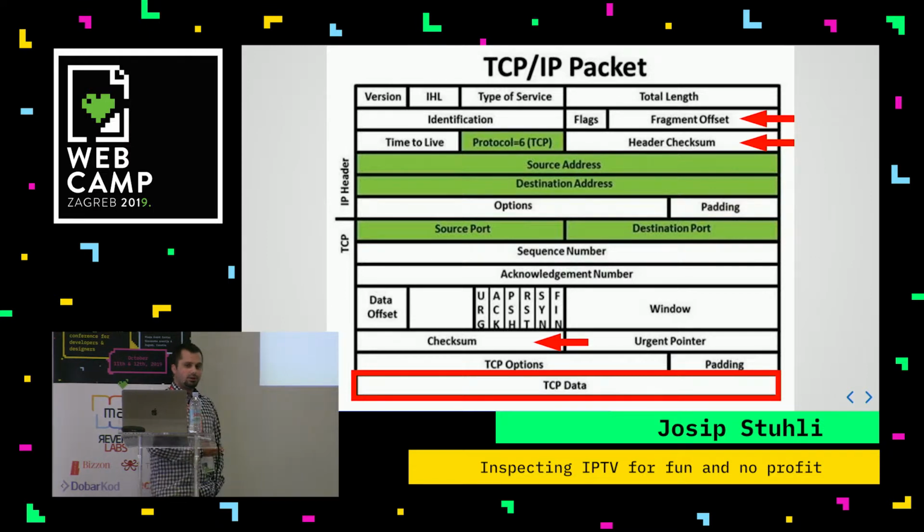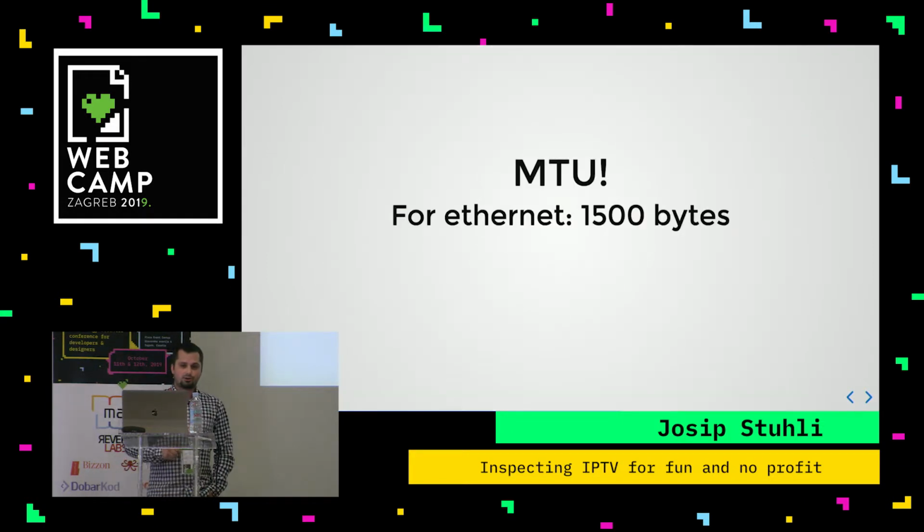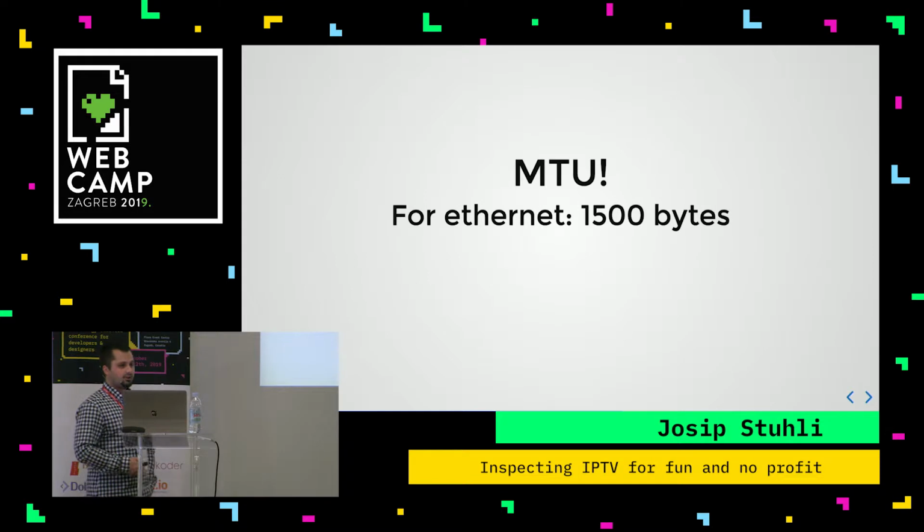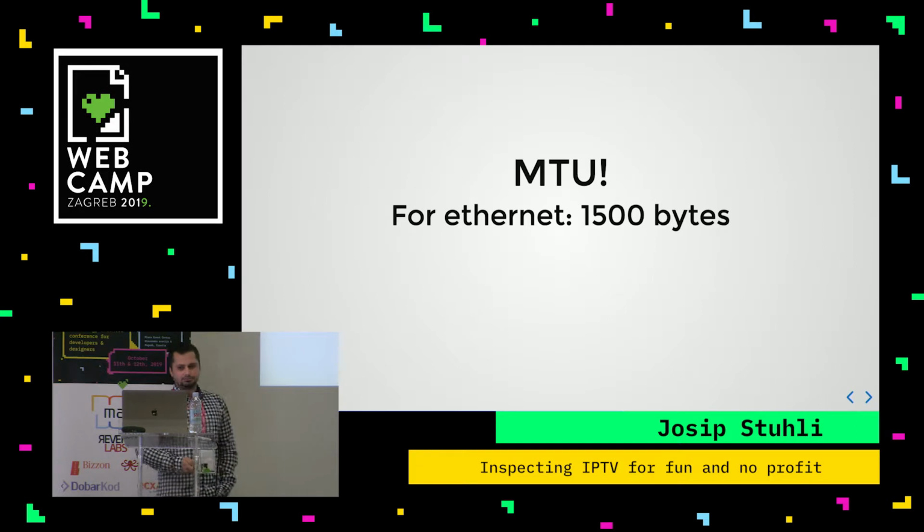So you have to have them in the correct order, which complicates things. And also, because there is this offset, that's there because you have to watch for the maximum transmission unit, which for Ethernet is 1,500 bytes. You cannot go over that. That's why it fragments. If you go over that, the packet will be invalid, and it will fail.